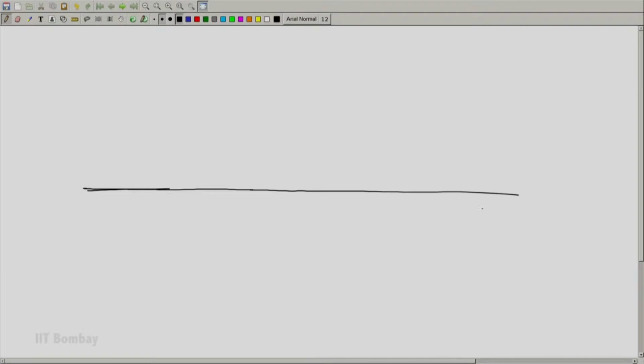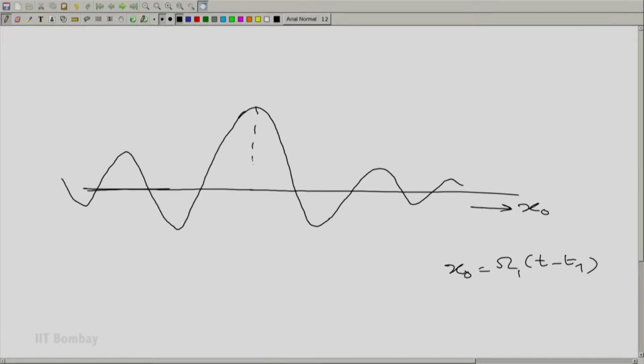What we had was an x0 given by omega 1 into t minus t1, and we had plotted the pattern sin x by x or sin x0 by x0, but then it was also scaled.